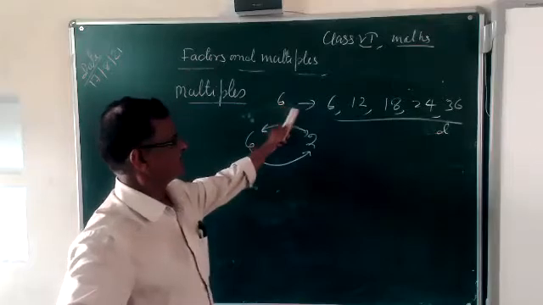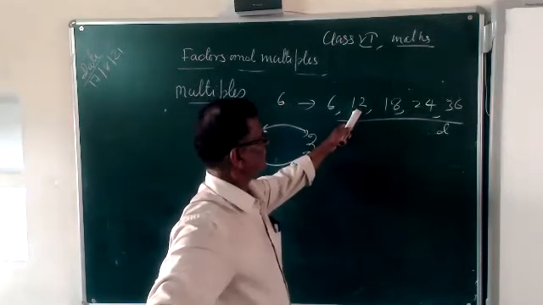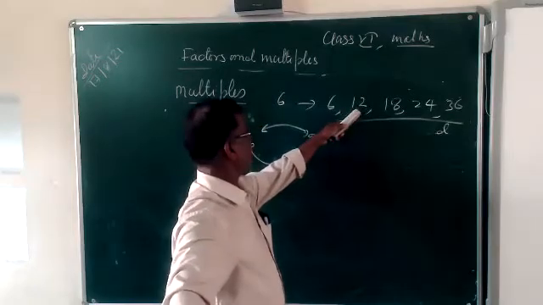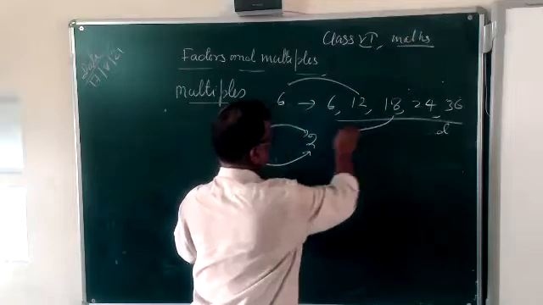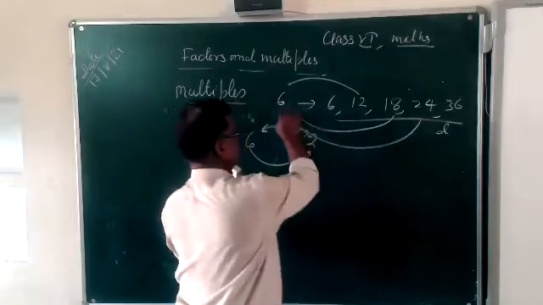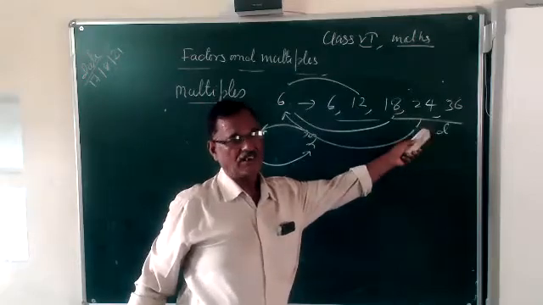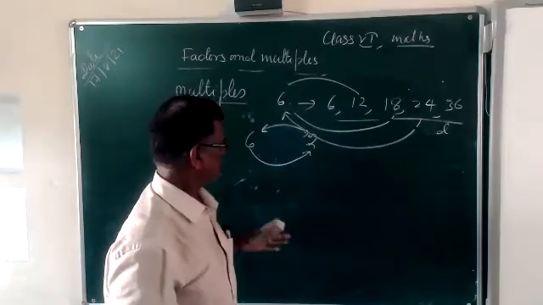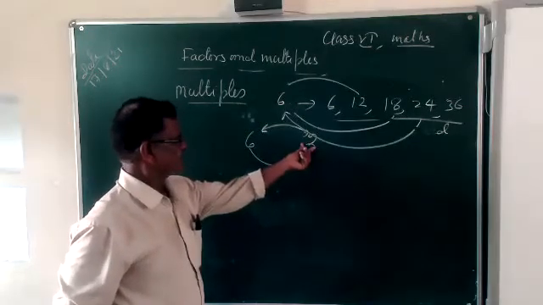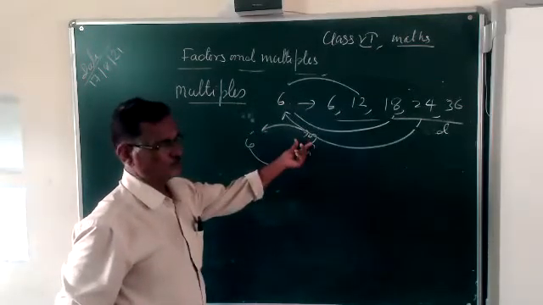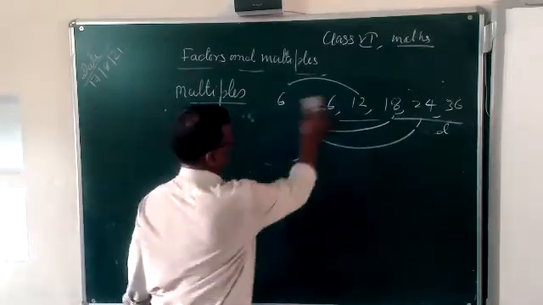So here 6 is divisible by 6 itself, 12 is divisible by 6, 18 is divisible by 6, 24 is divisible by 6. So these are called multiples. You can say there is a relation between multiples and factors: 2 is the factor of 6, then 6 is the multiple of 2.